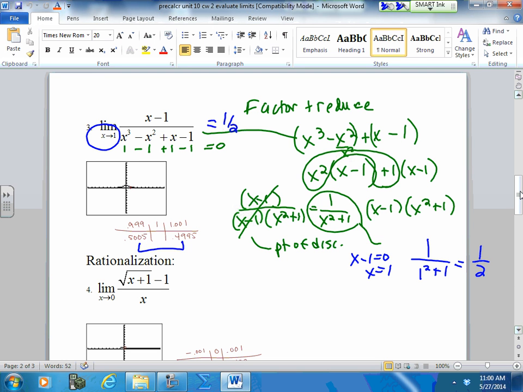You find that x value, which is probably where your limit is reaching, and then you plug in for y and find its y value. Good? There are no questions? Okay.